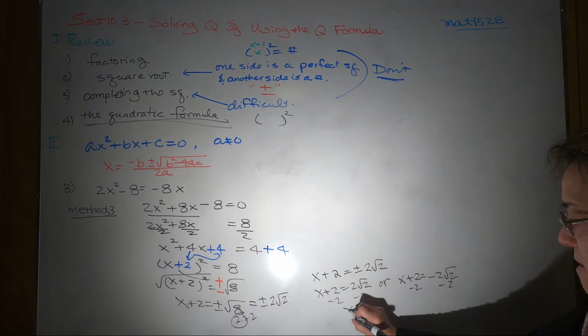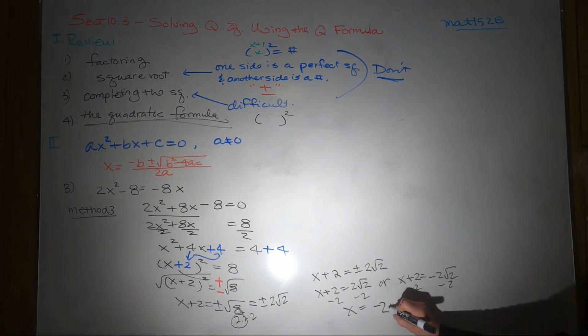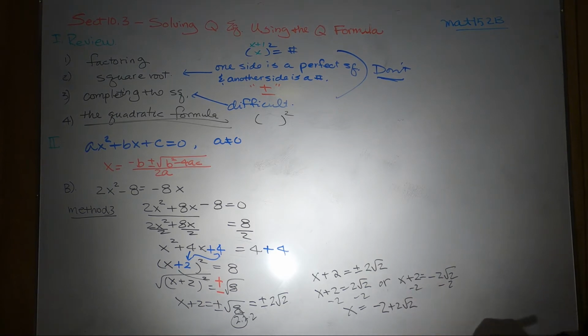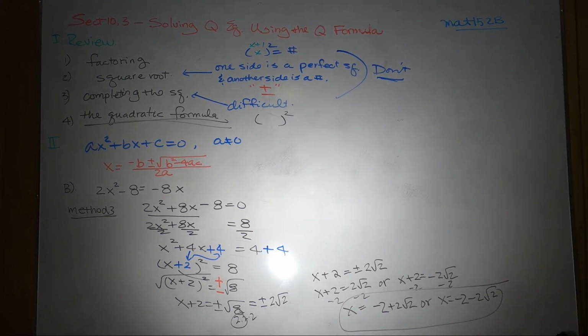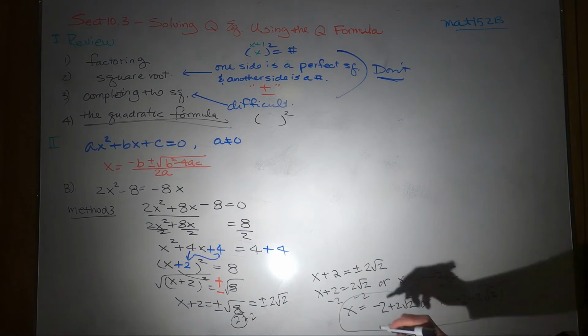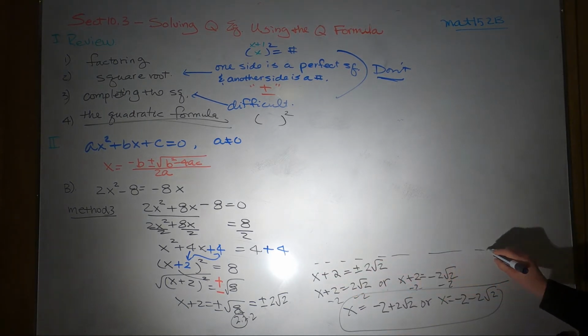So x is negative 2 plus 2 square root of 2, or x equals negative 2 minus 2 square root of 2. So that will be your answer. That's what we did by completing the square last time.